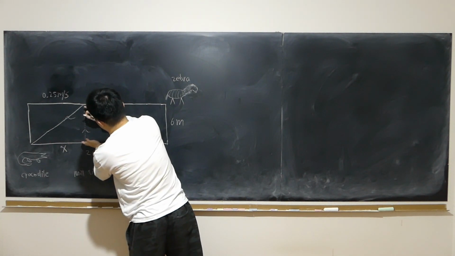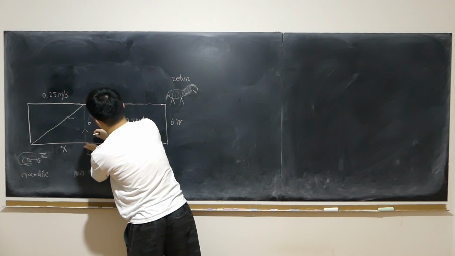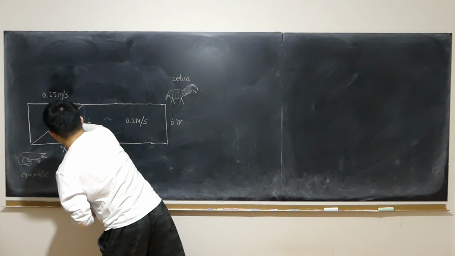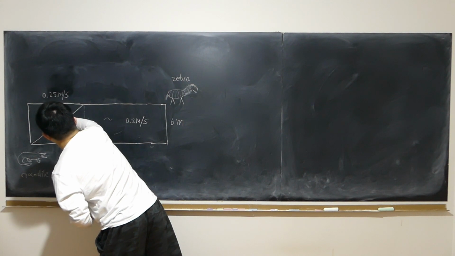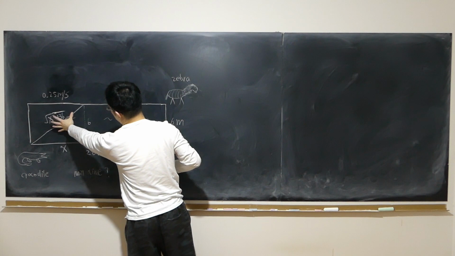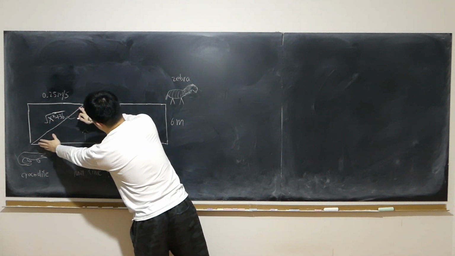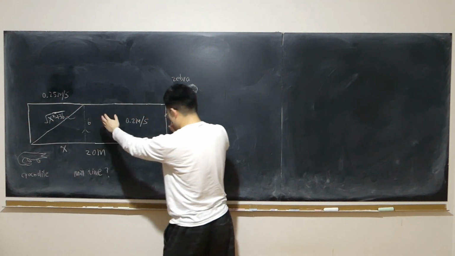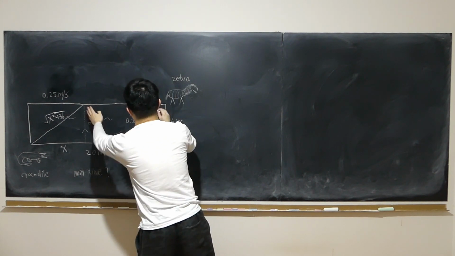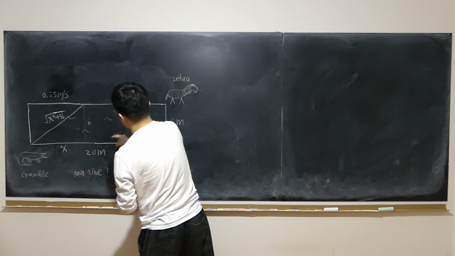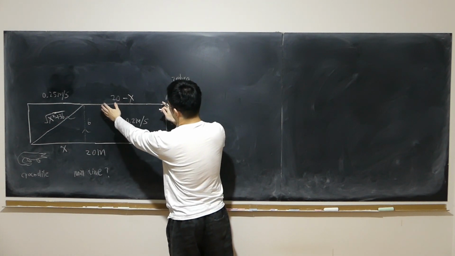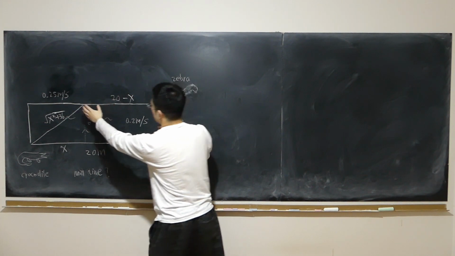And of course, the width is 6 meters. Then we can calculate the hypotenuse. Hypotenuse is just the square root of x squared plus 36. Then we divide it by the speed to calculate the time taken during this course. And then we calculate this distance, which is just 20 minus x, divided by the speed on the land.